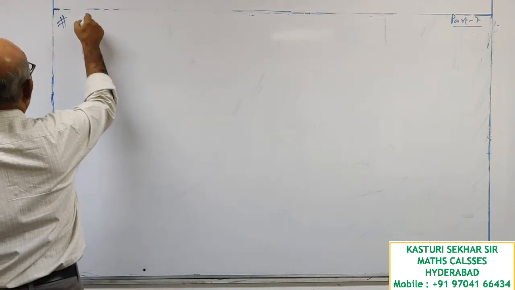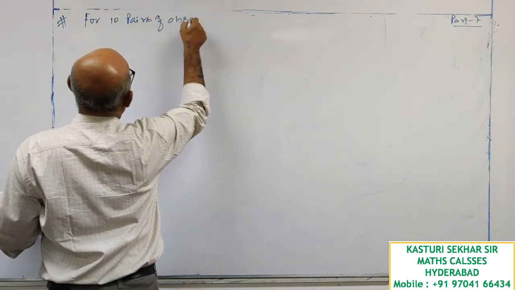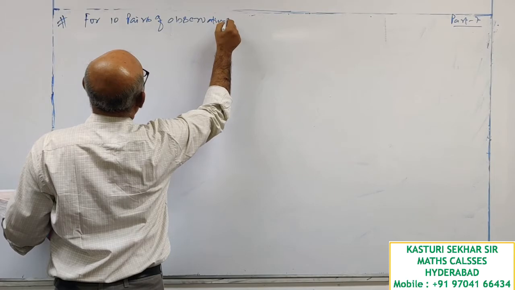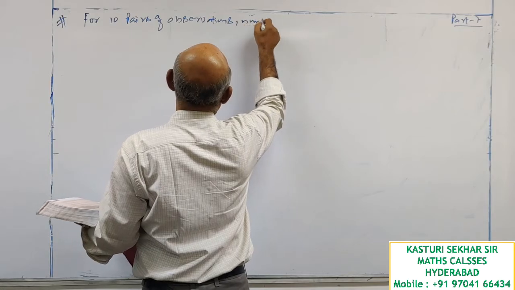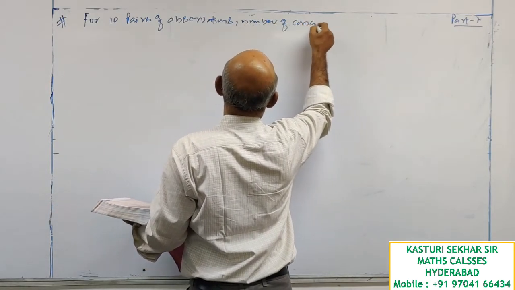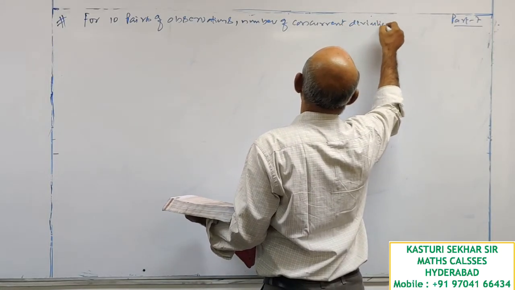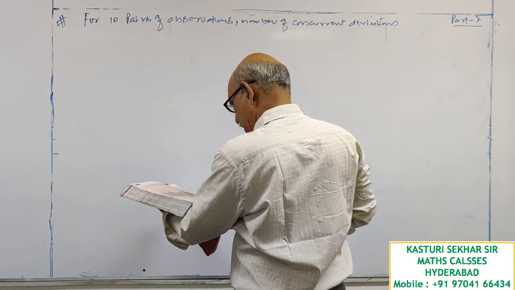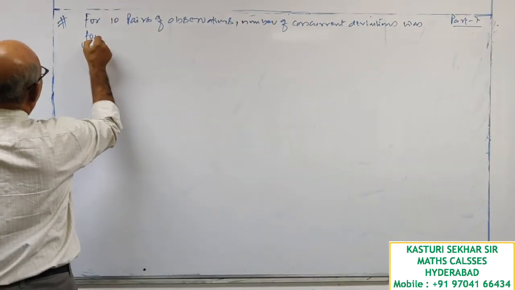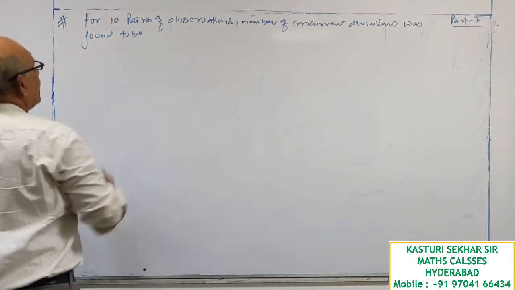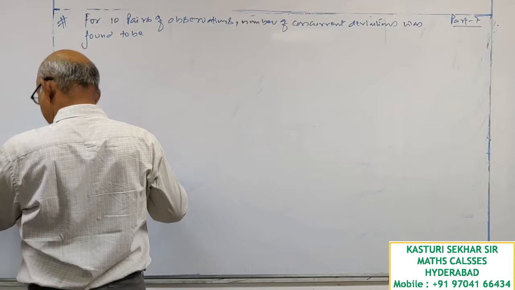For 10 pairs of observations, the number of concurrent deviations was found to be 4.